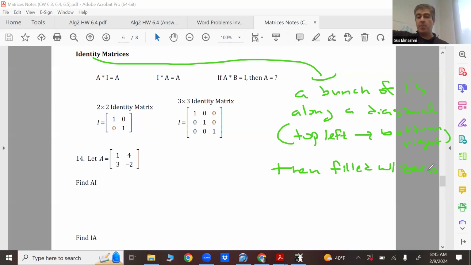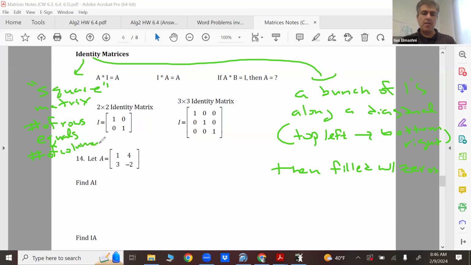As you see to the left there, the 2x2 identity matrix, 3x3 identity matrix. It's also going to be what we call a square matrix, meaning the number of rows equals the number of columns.